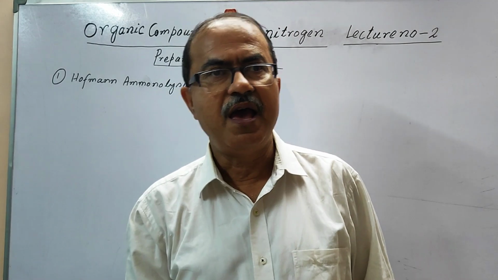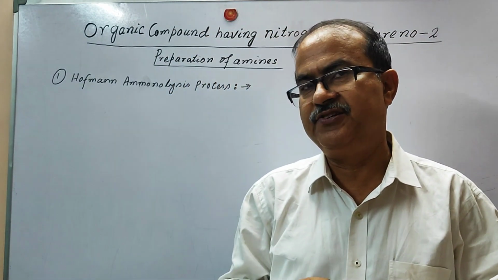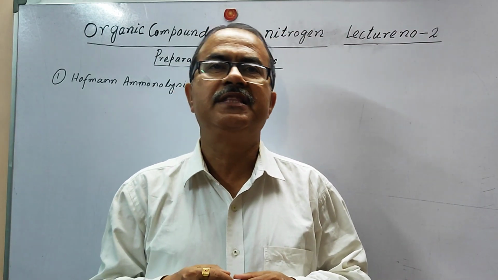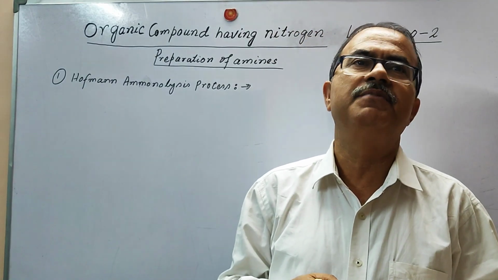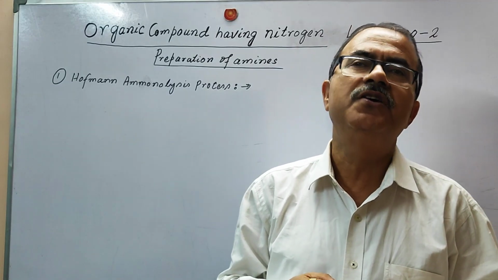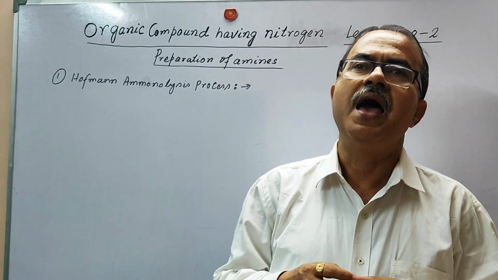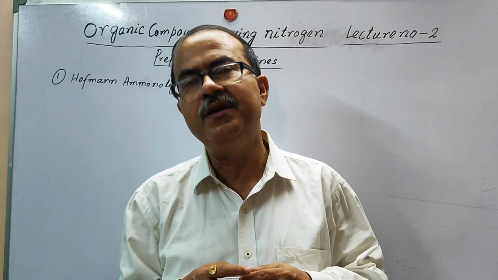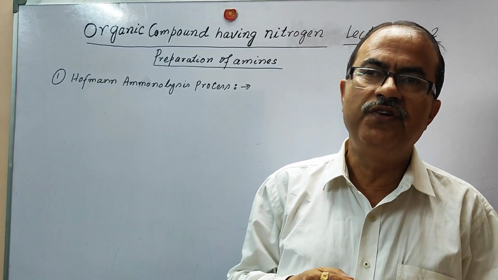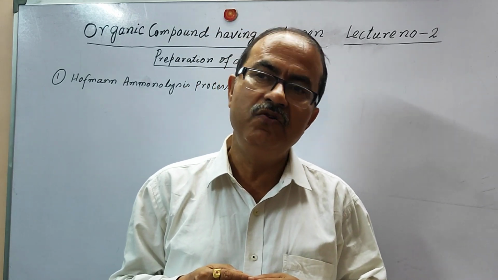In this process, alcoholic ammonia is reacted with alkyl halides in a sealed tube at a temperature of 373 Kelvin, and it produces a mixture of amines, that is 1 degree, 2 degree and 3 degree amines, along with the quaternary ammonium salt. Basically, this reaction is a nucleophilic substitution reaction. Here, ammonia acts as a nucleophile.